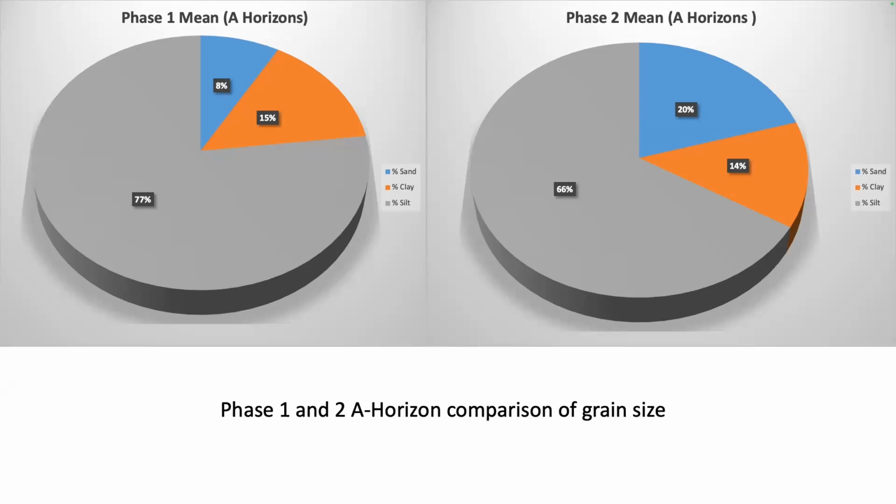The only really big change was an increase in the sand content, up over here on the right. You went from about 8% to 20%. Clay content stayed about the same, but the silt content lowered some. So there was some actual change in the grain size, but not enough to really affect plant growth, I think, in most cases.